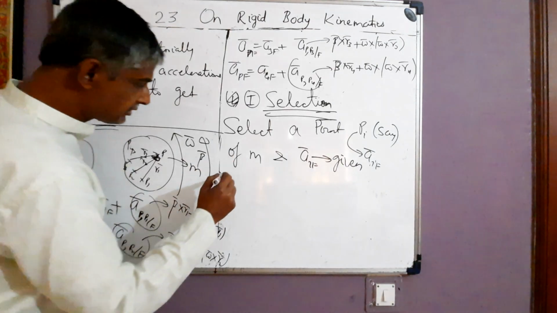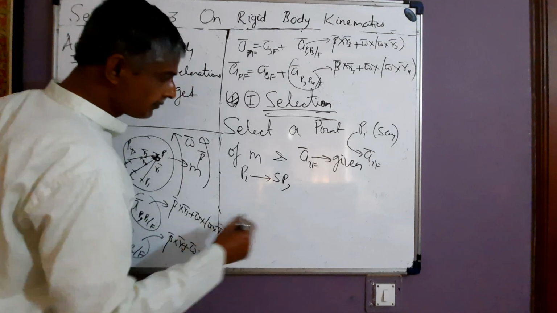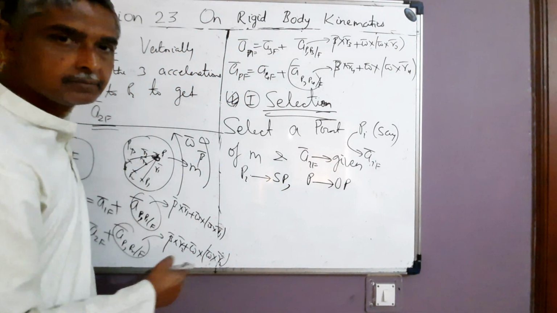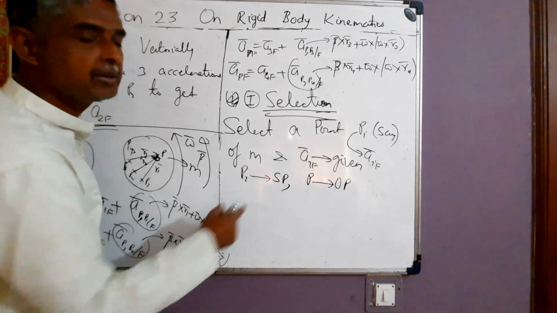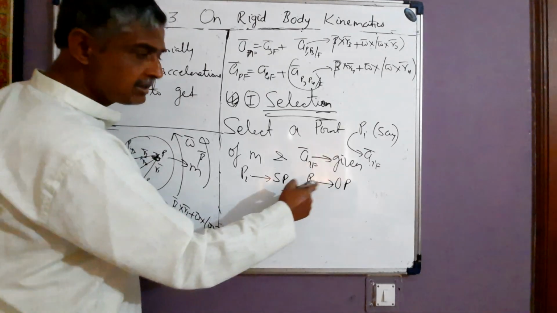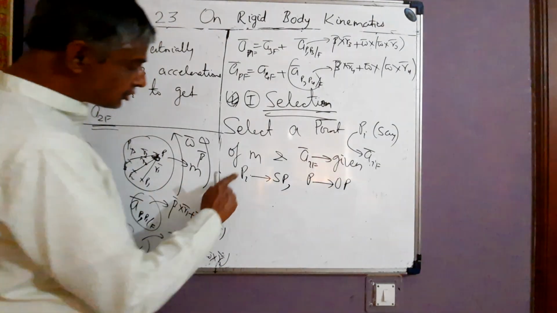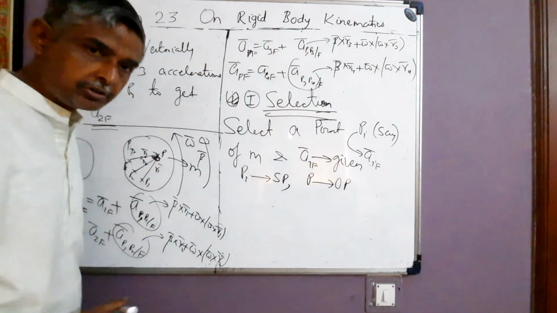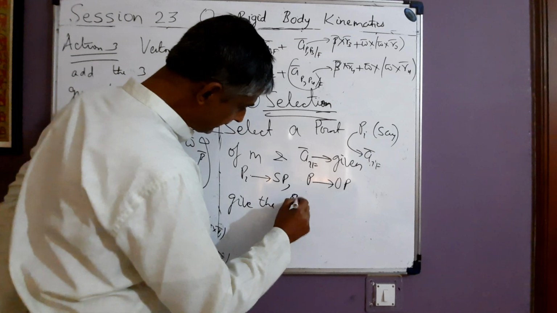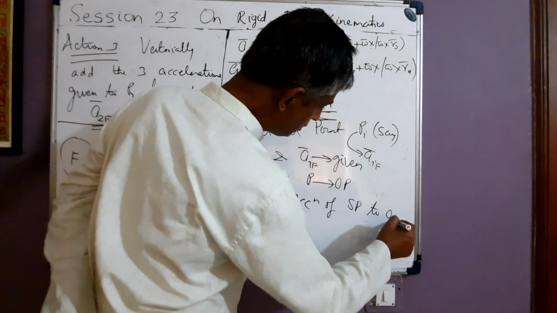Now in this case, we say that Pi is the selected point and P is the other point. Other point we'll write as OP, and Pi is the selected point, SP. Now what action do we have to take? Give the acceleration of the selected point to the other point. Give the acceleration of SP to OP.